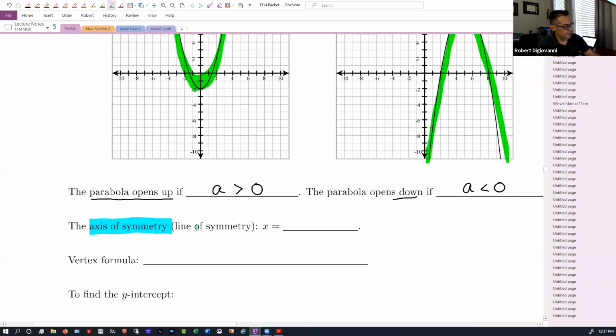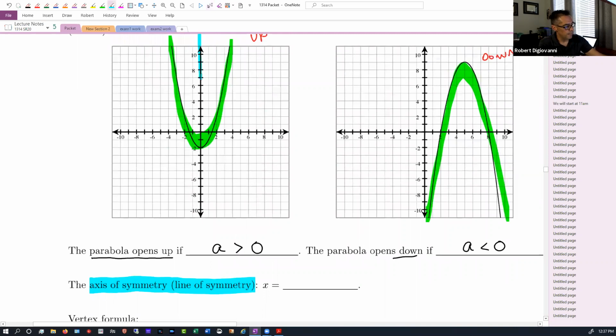Now, with all parabolas, you also have this thing called the axis of symmetry. All the axis of symmetry is a line. I'm going to draw it on here. It's a line that goes right down the middle of the smile or the frown. That line is like a mirror line. Your parabola is a perfect reflection of itself over that line. So if you were to take the left side of the parabola, here in yellow, and reflect it over that blue line, it would land right on top of the other side.